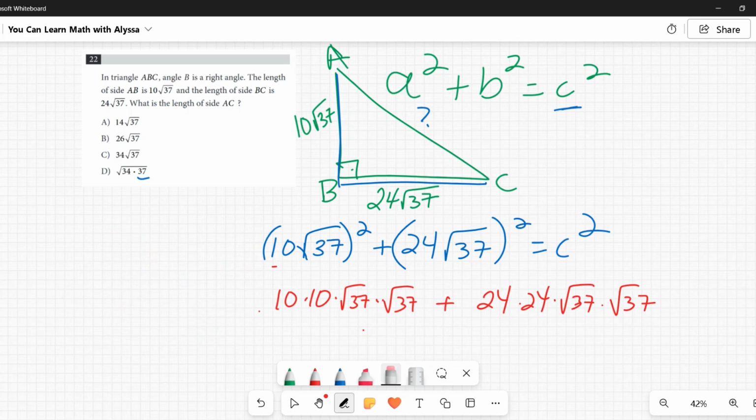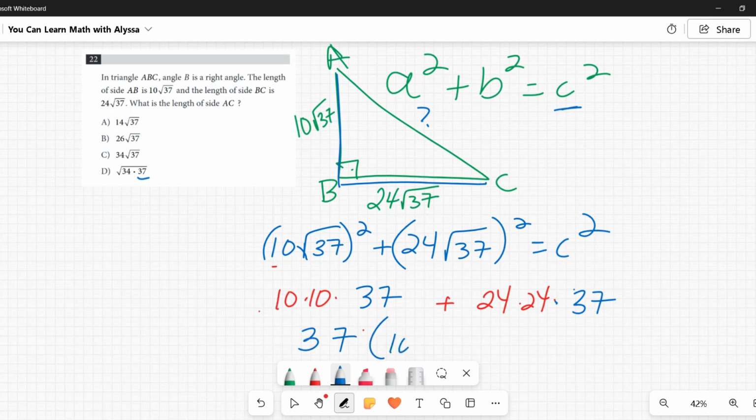So here I have these two things being added together. I can say, oh, they both have square root of 37 times square root of 37 in them, which we mentioned before. Square root of 37 times square root of 37 is 37. So they both have 37 in them. So I can pull that out and say 37 times 10 times 10 plus 24 times 24 equals c squared.